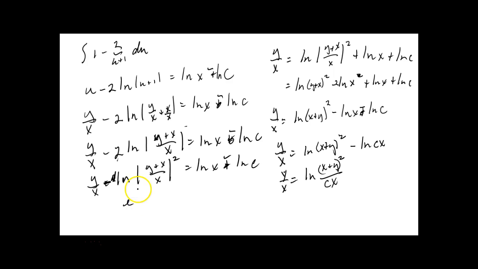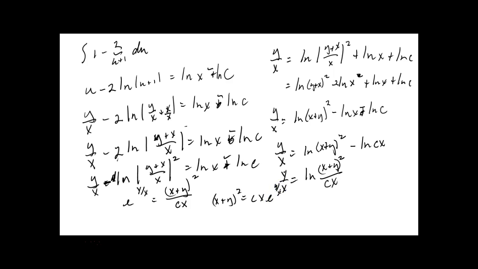It's e to the y over x is equal to x plus y squared over cx. And then multiply both sides by cx. So x plus y squared is equal to cx e to the y over x.